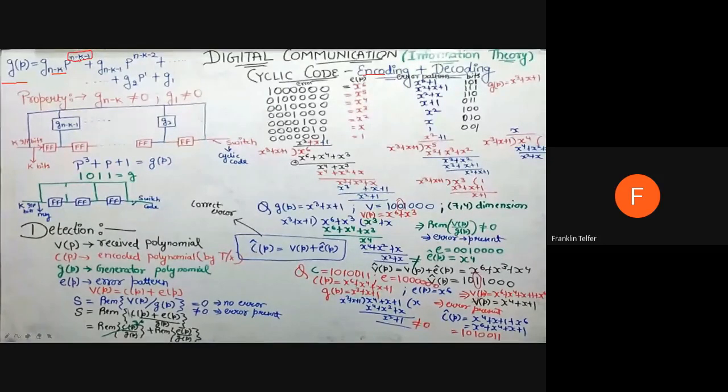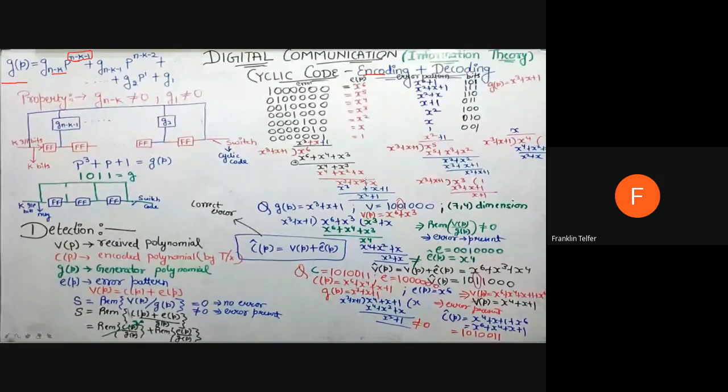So the code is going to be shifted, as in a cyclic redundancy shift, CRC. By shifting, you can do the operation with an element like a shift register or a flip flop.